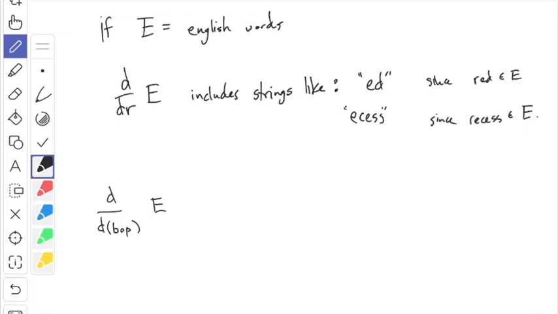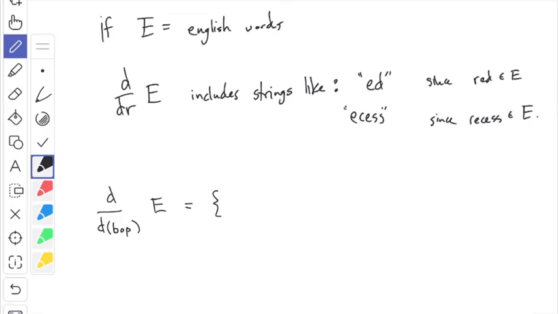I actually looked at my list of English words, and I am prepared to show you a complete listing of all the strings in this set. Anyone think of one? You should try to think of a word which begins with BOP, and then tell me what the rest of it is, not including the BOP. Folks at home can shout it out too if you like.